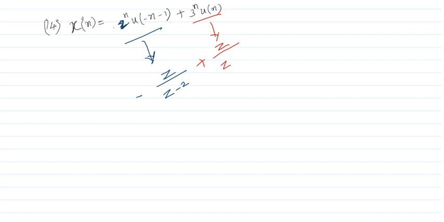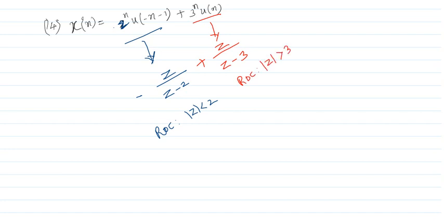What is the ROC? Since this is non-causal, with negative values of n, the ROC is Z less than 2. For this other one, it is a causal sequence, so the ROC is Z greater than 3.